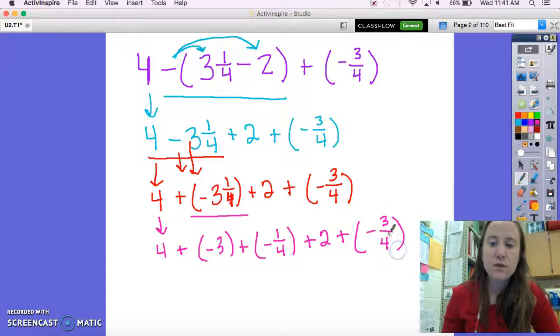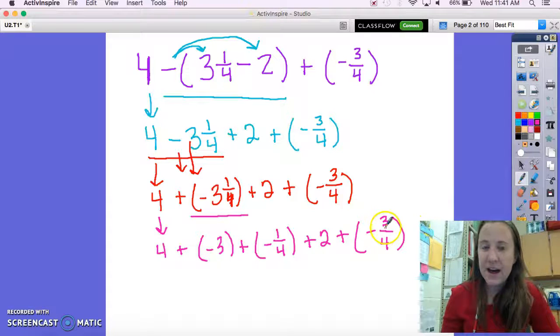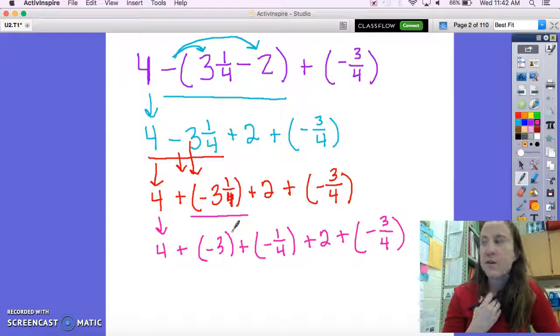Now all I want to do is rearrange this so that I can simplify. So I'm going to put all of my whole numbers or negative numbers together and all of my fractions together. And because I rewrote this as an addition problem, I can do that because of the commutative property that you talked about the other day. So let me switch colors.